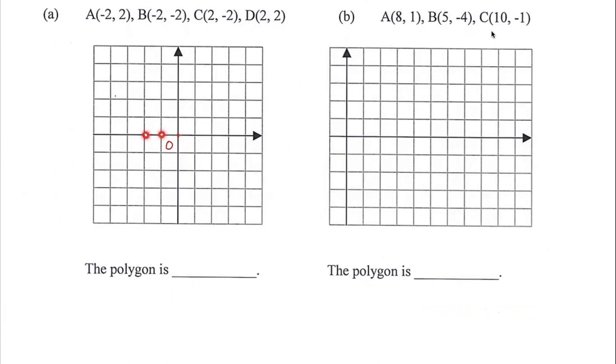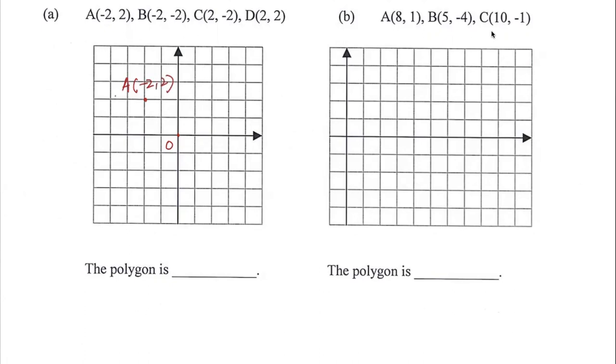Now we look at the y coordinate, which is 2, which is positive. Because the y coordinate is positive, we go up by 2 units. So this point over here is A, which has the coordinates -2, 2.